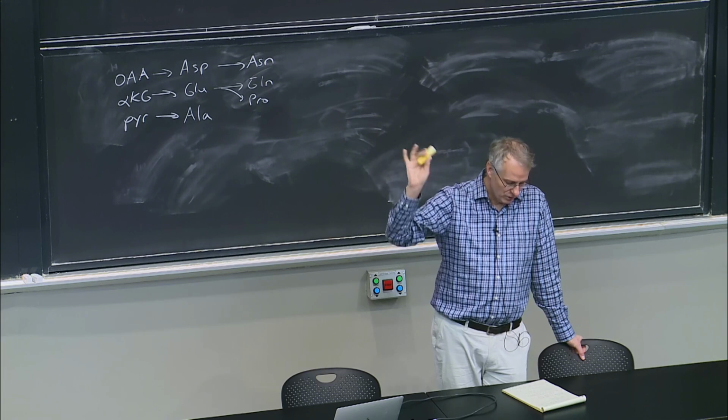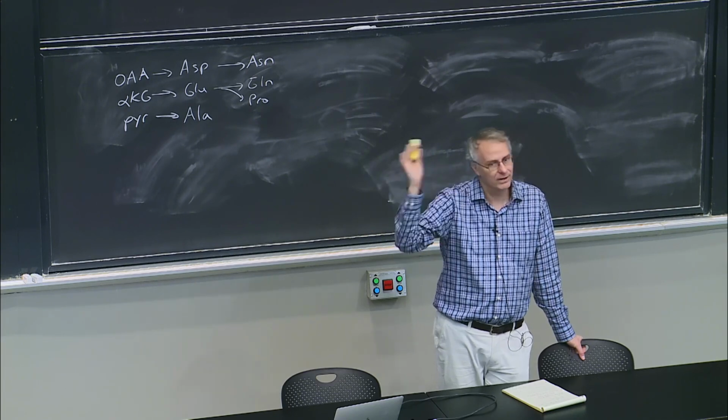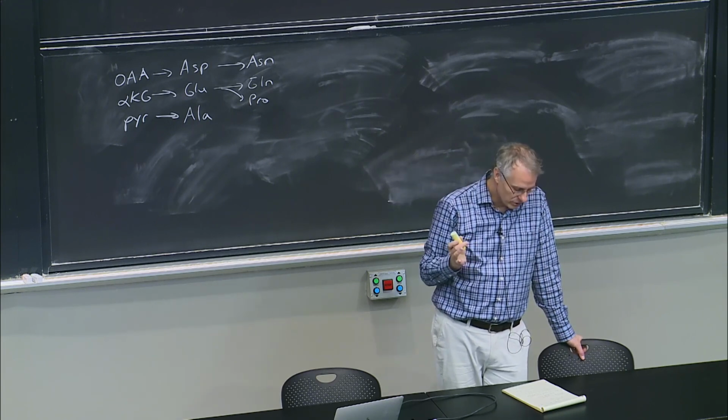Now I want to reiterate, humans, we can't make all 20 amino acids, okay? Animals can't do that. Many organisms, of course, can. We lost the ability to make 9 of our amino acids, and in fact, if you count the 2 conditional ones, really 11 of our amino acids. Even though we can turn phenylalanine into tyrosine, we still need a source of phenylalanine to do so.